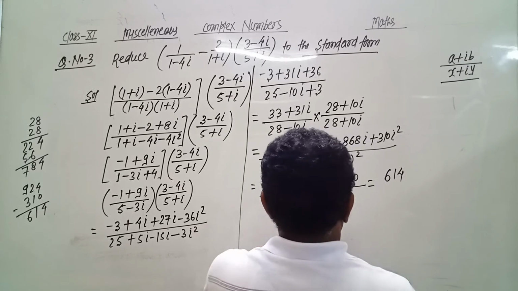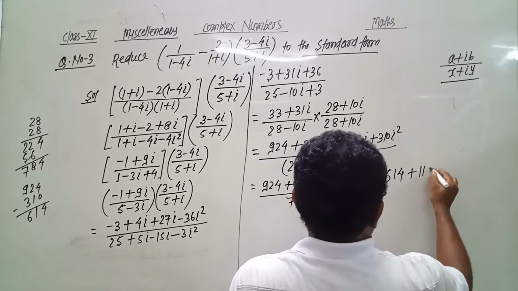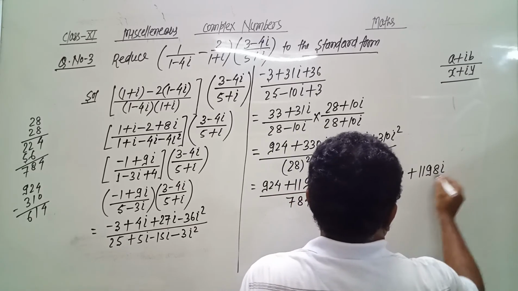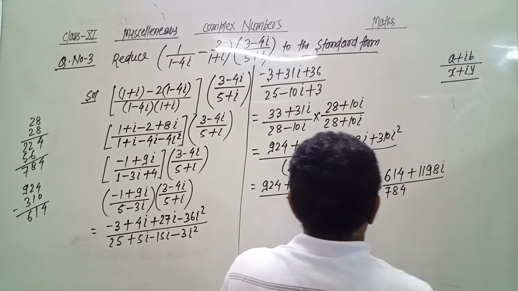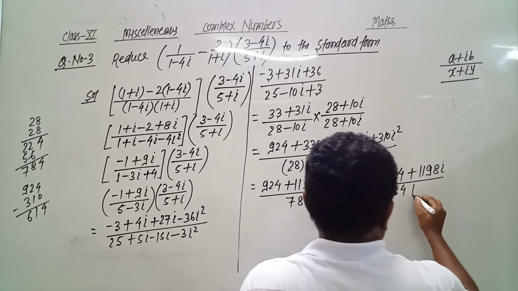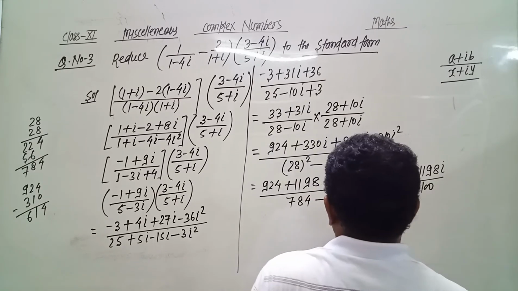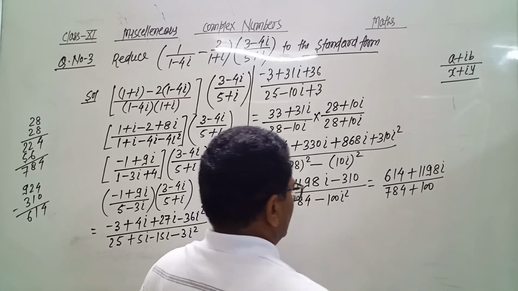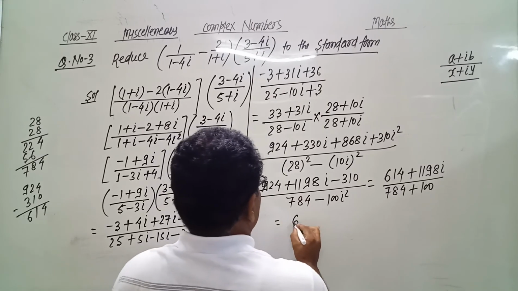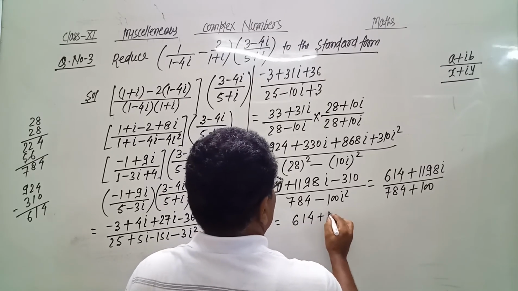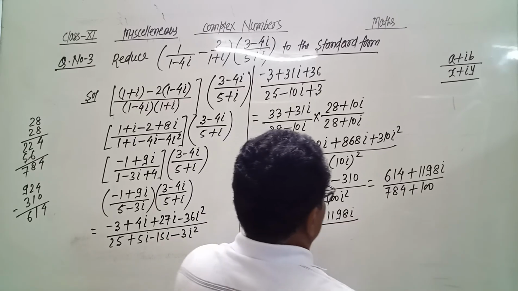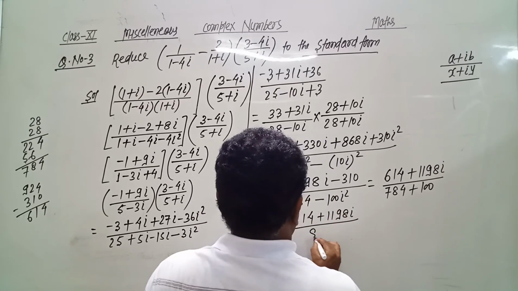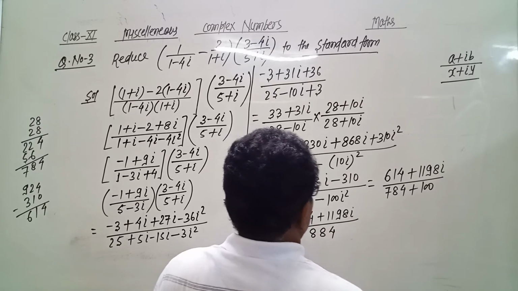640 plus 1198 iota upon 784, and iota square is minus 1, so it becomes plus 1 and plus 100. Then 640 plus 1198 iota upon 784 plus 100. We get 884.